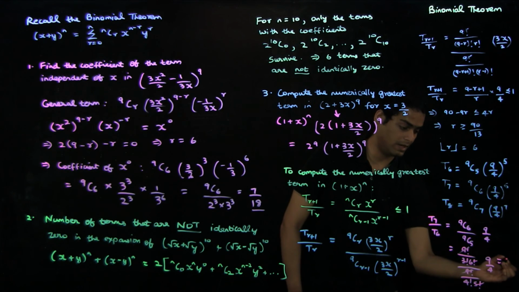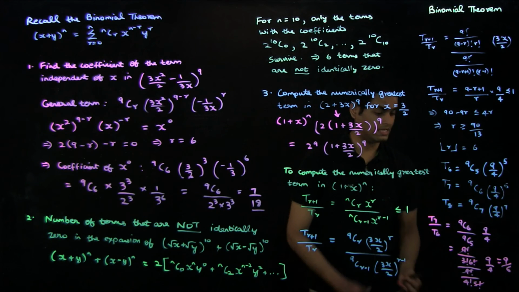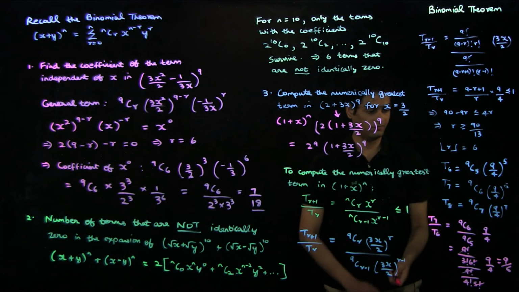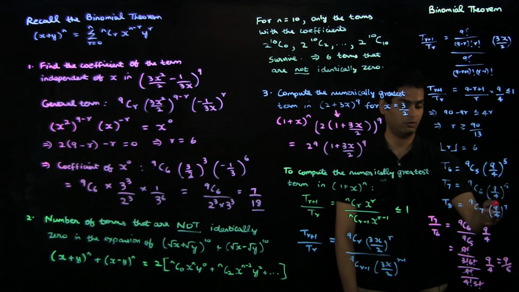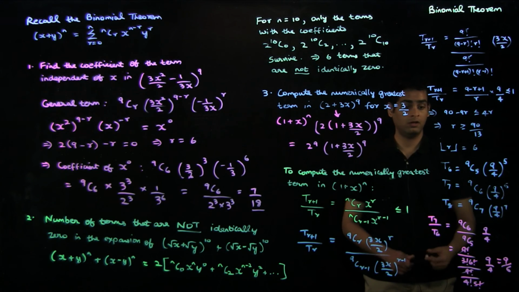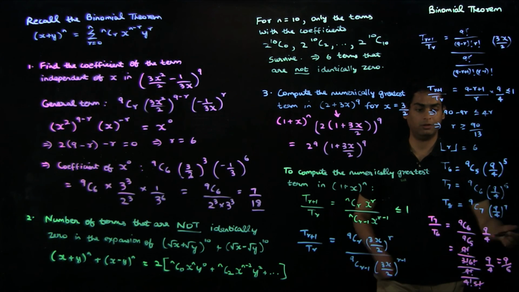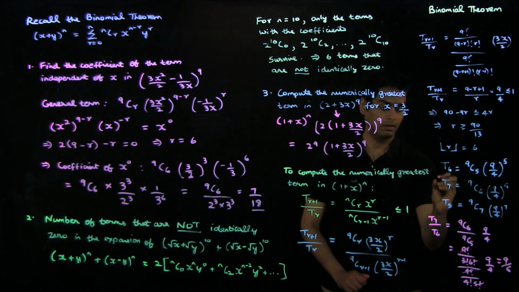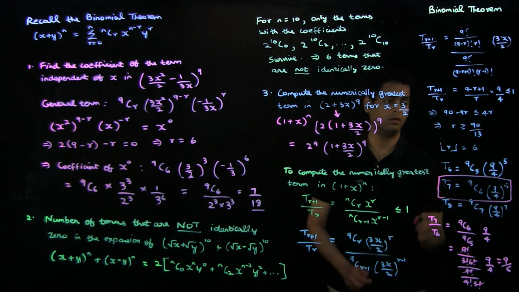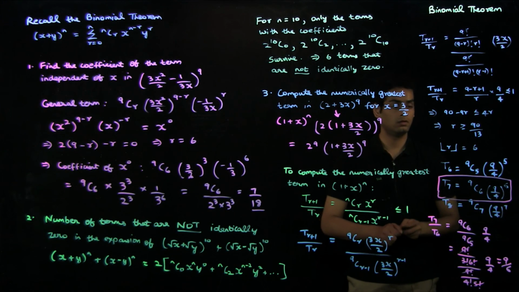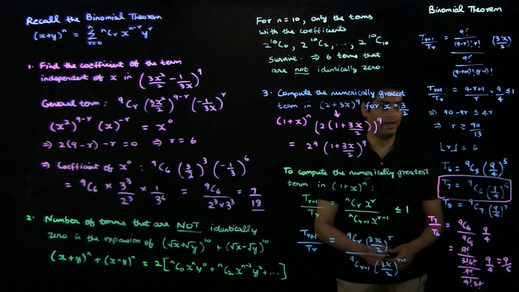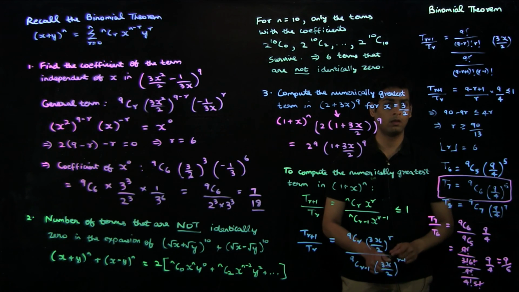Which gives you 9 by 6. So T7 is greater than T6. Similarly, you can verify that T7 is also greater than T8, and so in this particular case, we have T7 corresponding to the numerically greatest term, and so this term is the numerically greatest term in the expansion (2 plus 3x) whole power 9 for x equals 3 by 2.